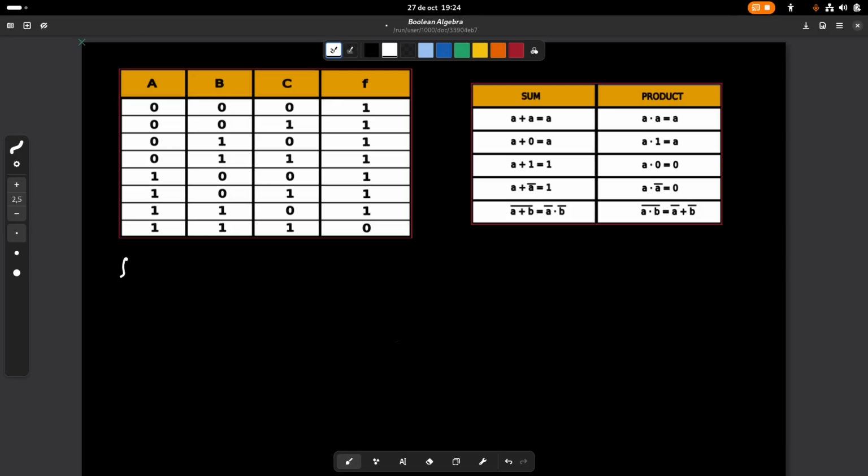If we represent the function as a sum of products, we have to see where the function equals 1. So in the first case, the function equals 1 when A negated and B negated and C negated.